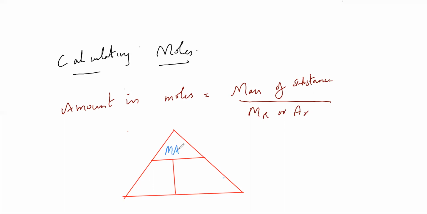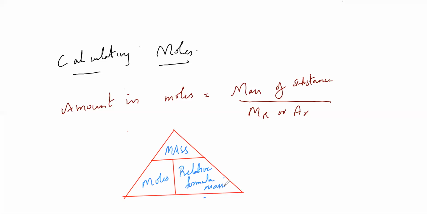Mass of the substance is equal to amount in moles, there is the number of moles, and this is our MR or AR, the relative formula mass respectively, which will be given in the question.